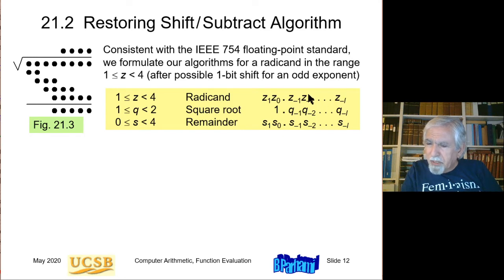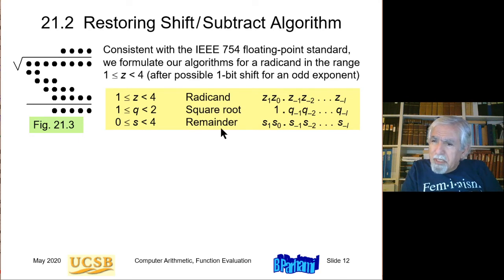L will differ depending on whether we are using the short format or the long format. The square root is always of the form 1 point, in this range, and then L fractional digits. And the remainder can be twice as large, so it has 2 whole bits.